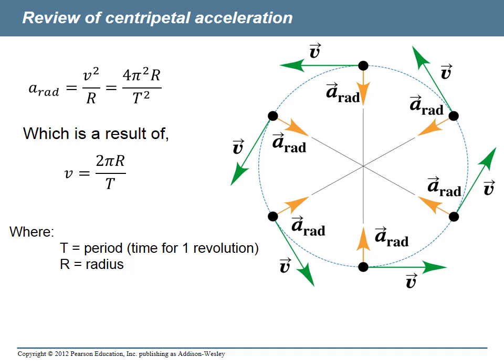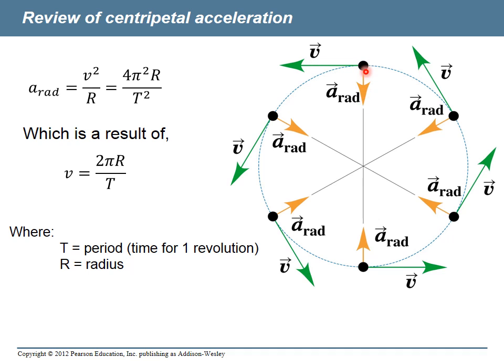So we remember back, we see here our velocity vector is to the left, here it's down to the left, down to the right, strictly to the right, up and to the right, up and to the left, etc., right? And if you remember back from chapter 3, we have a radial acceleration. This radial acceleration is always directed perpendicular to the instantaneous velocity vector, right?